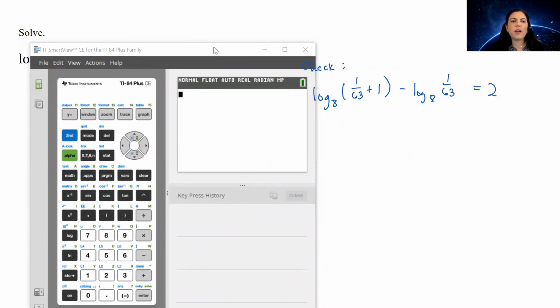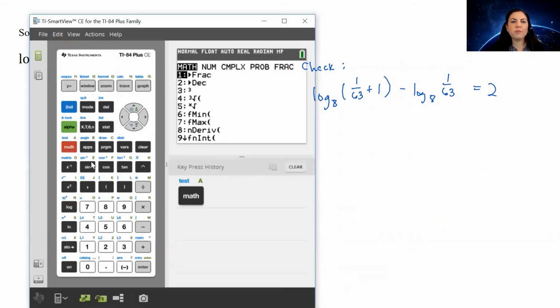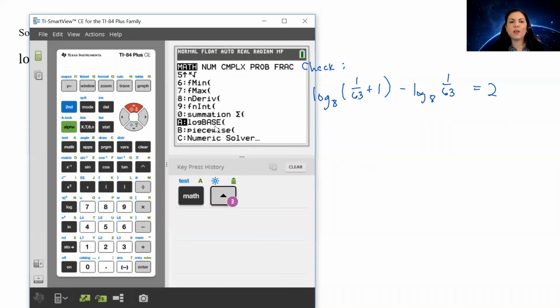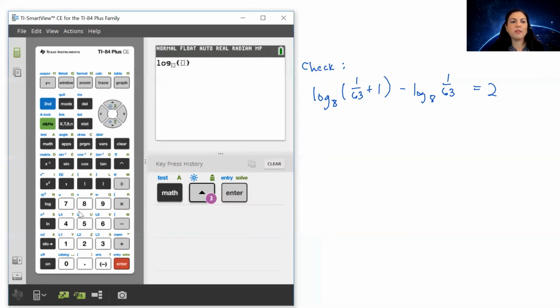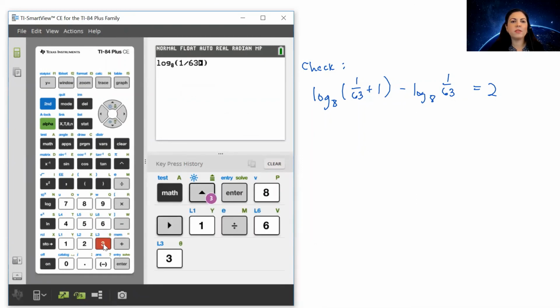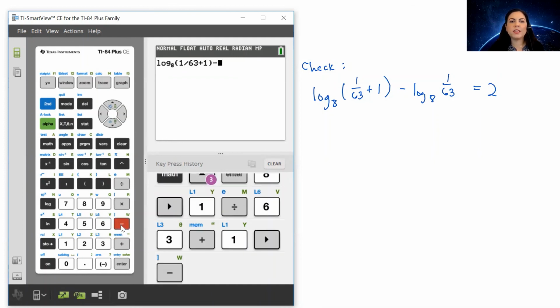And so if I go to the math menu, and then I believe it's at the very bottom. So I'm actually going to scroll up. And that gets me to this log base. And if I press enter, it allows me to type in whatever base it is that I need. So I'm going to do log base 8. In the parentheses, I have 1 over 63 plus 1. And then I'm subtracting.